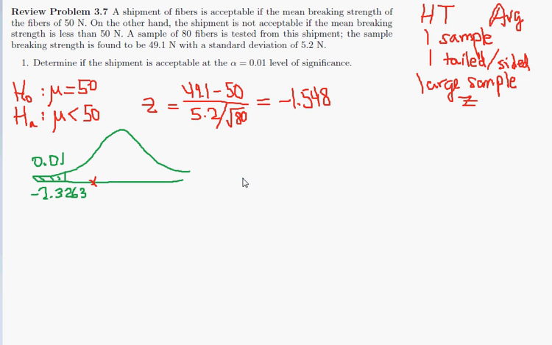The second way of making a decision would be to find the probability of making a mistake, or finding an event this extreme or more extreme, to find the p-value or the observed significance level. That means, practically speaking, to find the area to the left of negative 1.548 under the bell curve. And so using our technology, we find that the p-value is equal to 0.0608.